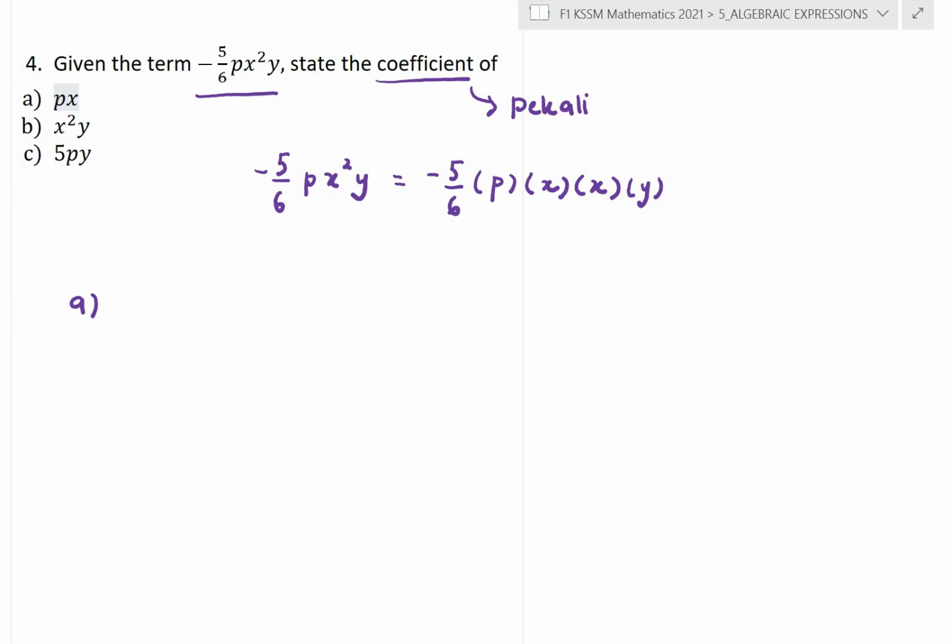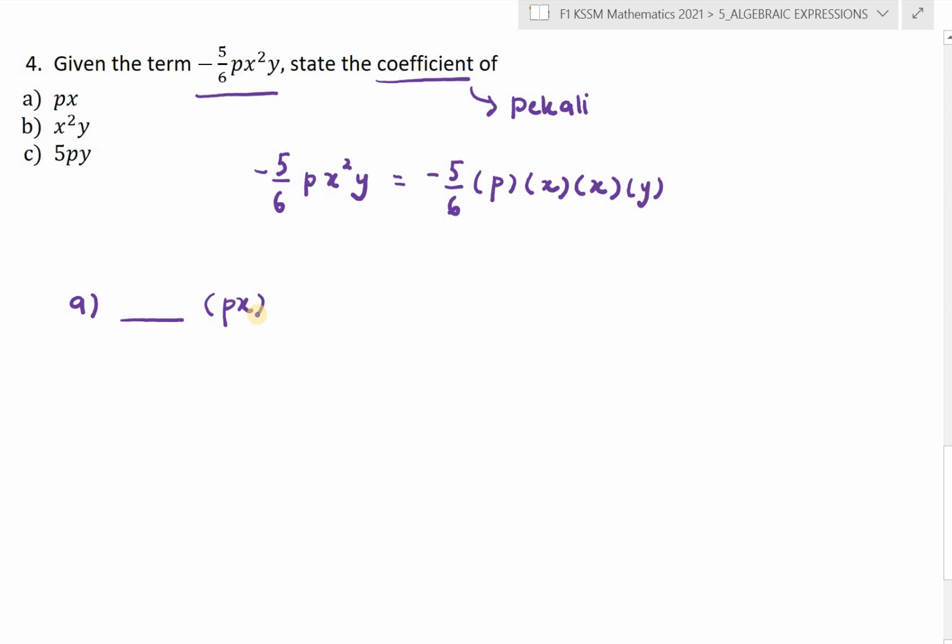Okay, so PX. So, kalau kita tengok kat sini, macam mana kita nak cari perkali? Tadi saya kata coefficient ini adalah terms yang berada di hadapan terms yang soalan minta. So, terms yang soalan minta adalah PX. Let's say saya letak kat sini tempat kosong. Okay, soalan minta PX.